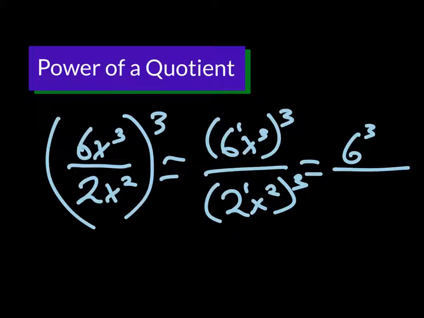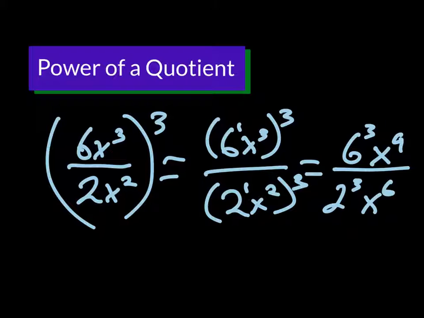And x cubed to the power of 3 is going to be, we multiply the powers, x to the ninth. 2 to the power of 1, and we multiply the powers, 1 times 3, so that's 2 to the third. And x squared to the power of 3, we multiply the powers, that's 6.